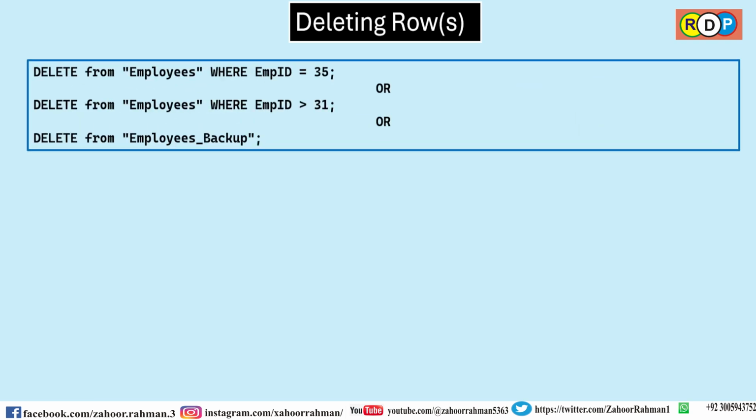Now let's learn another technique, and that is deleting a row or a group of rows. In the first case, we are deleting a row for the employee with employee ID 35. For example, if an employee is leaving this organization, we want to remove that employee from the organization list.